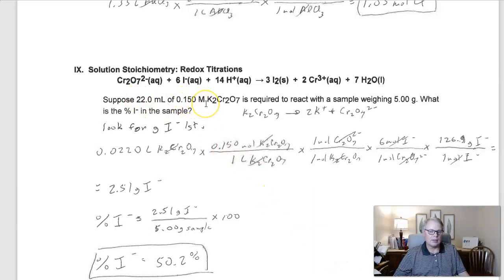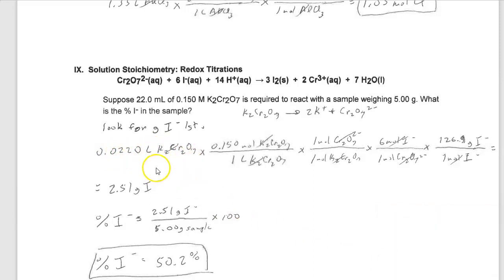Okay? Molarity, again, is what? Moles per liter, not milliliters. So what do I need to do with this 22 milliliters? I need to change that to liters. So we're going to move our decimal 1, 2, 3 places. And that's where we are here. This is 0.0220 liters of potassium dichromate solution. All right?